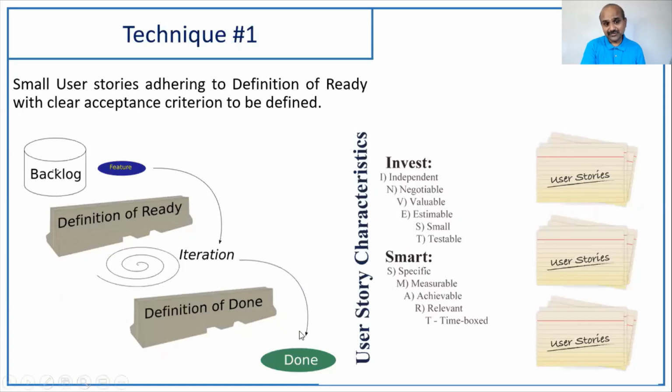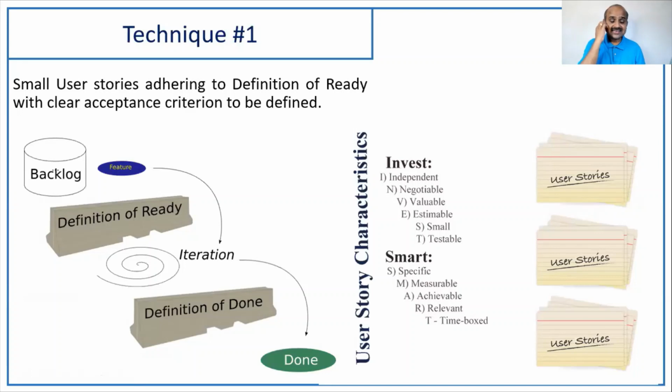And at the end of the day, once you complete it, it should be meeting the definition of done as well. Right. So you have to make sure the definition of done is made visible, and people should digest the definition of ready and definition of done, so that whenever something is done, they'll say that it is meeting the definition of done.